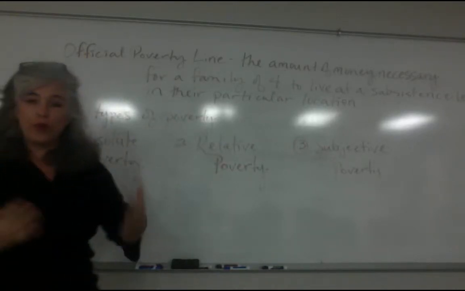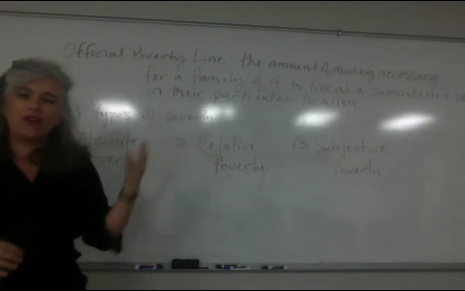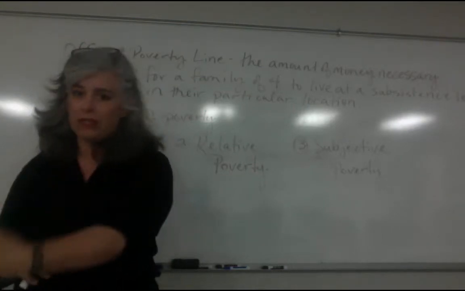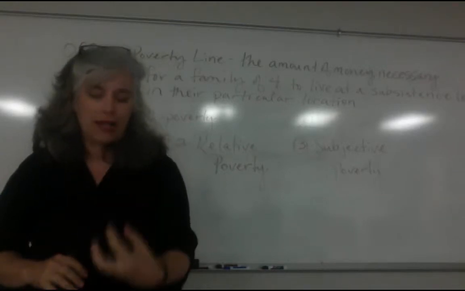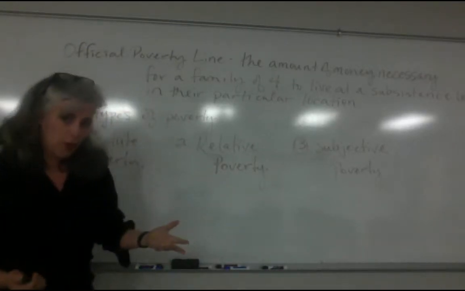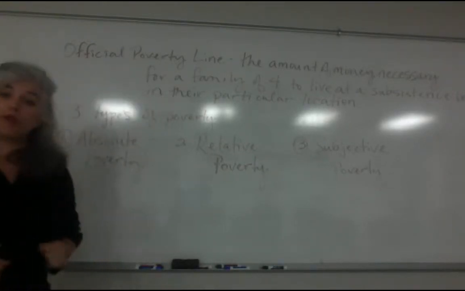It's important for you to be able to recognize a proper definition of this, but you don't have to memorize the definition word for word, mine or the textbook author's. You have to be able to express the correct definition in your own words in order to be able to explain this well. Okay, so let's look first at what I have up here, official poverty line.